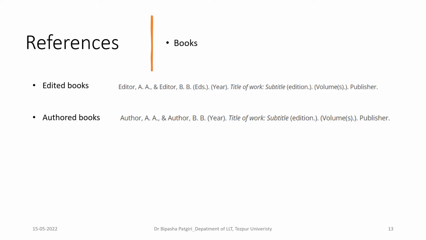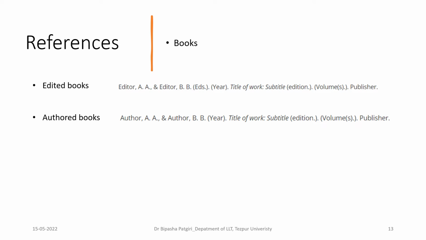How to write the references for edited books and authored books. Let's see. This is the format. If it is an edited book, write the name of the editor first, and if there are two, separate them by this symbol, and then you write eds.